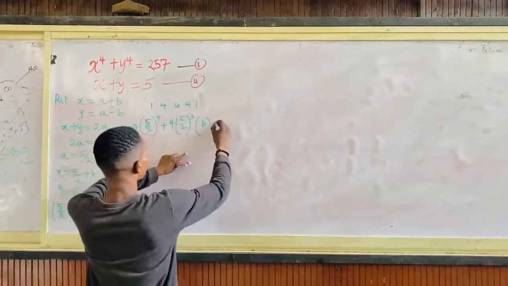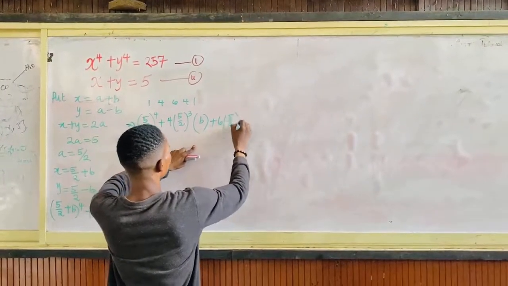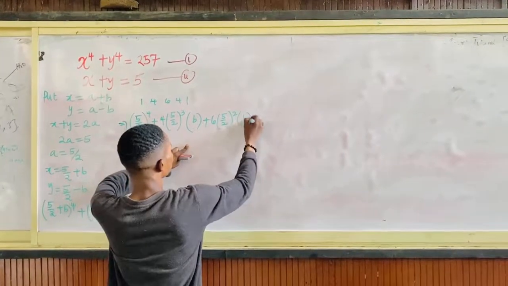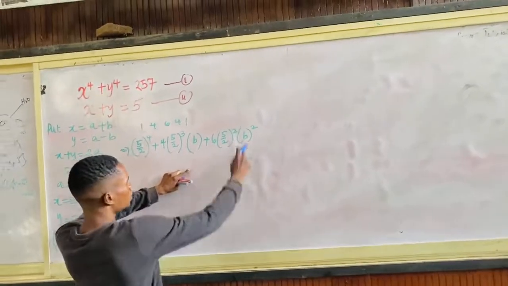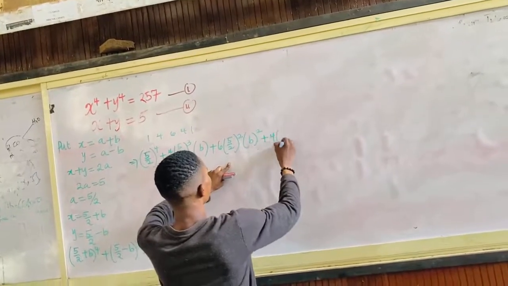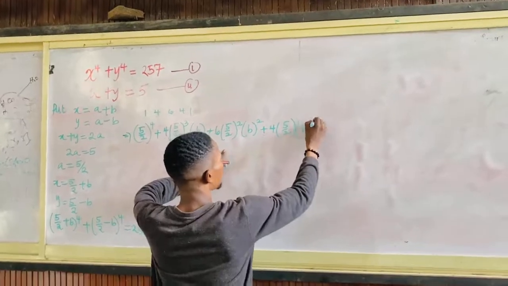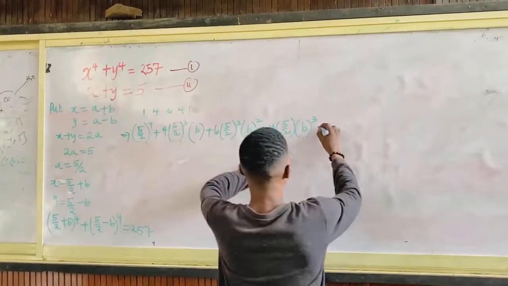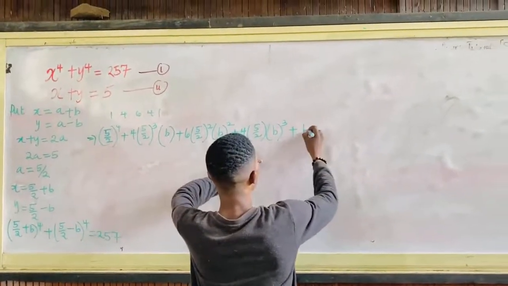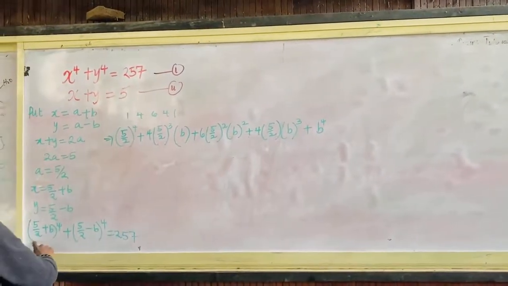Then plus 6 into bracket 5 over 2 raised to the power 2, then b raised to the power 2. Now this starts increasing. Then plus 4 into bracket 5 over 2, b raised to the power 3, plus 1 into bracket b raised to the power 4. That's the expansion of this.